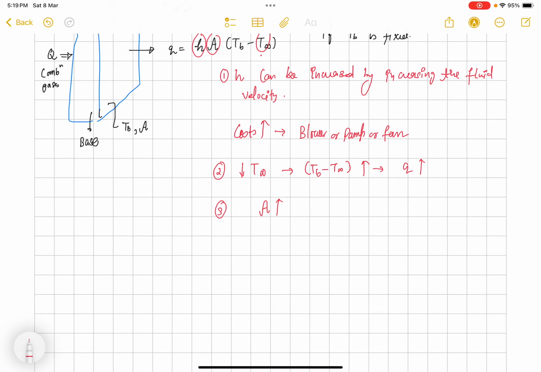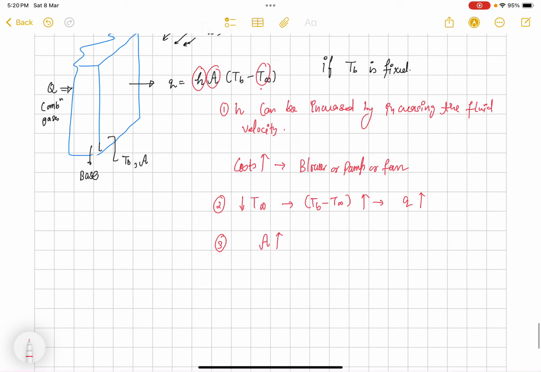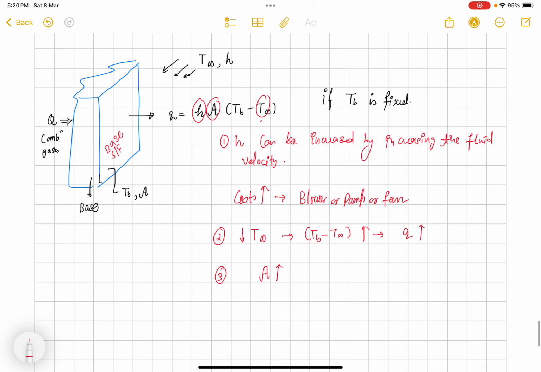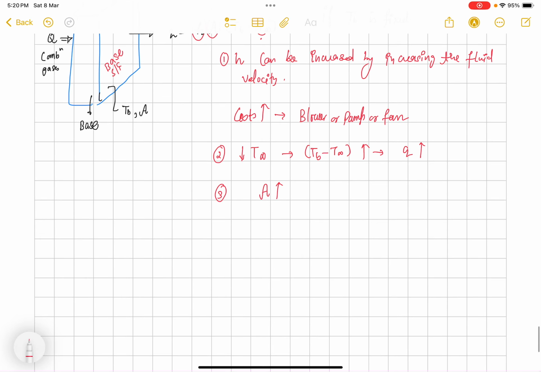It means the surface area which is faced by the fluid, of this base surface which is dissipating heat to the fluid. So if we increase that surface area by some means, we can enhance the heat transfer.